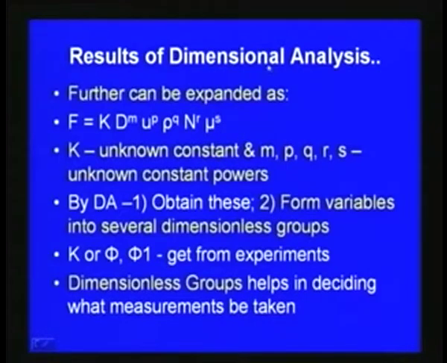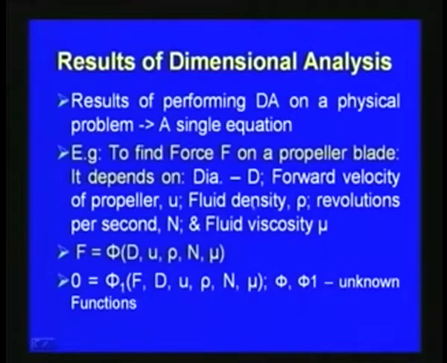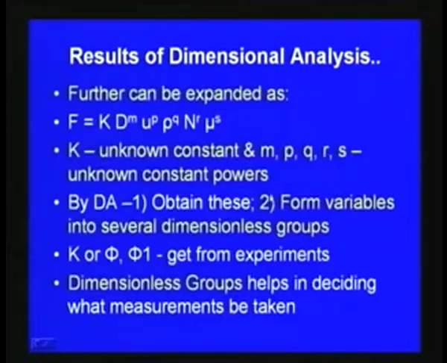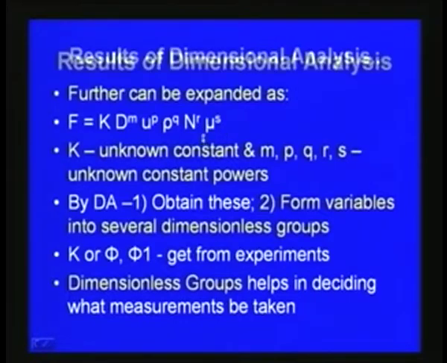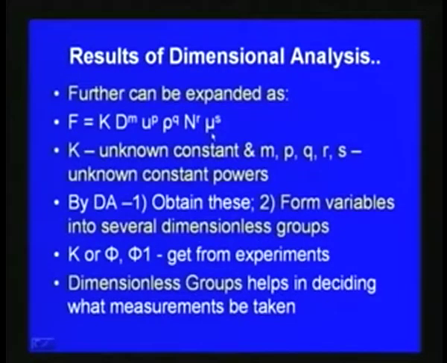For this particular case of force on a propeller blade, we write F is equal to a constant k multiplied by d to the power m, u to the power p, rho to the power q, n to the power r, mu to the power s. Here F is the force, d is the diameter, u is the velocity, rho is the density, n is the revolutions per second, and mu is the viscosity.